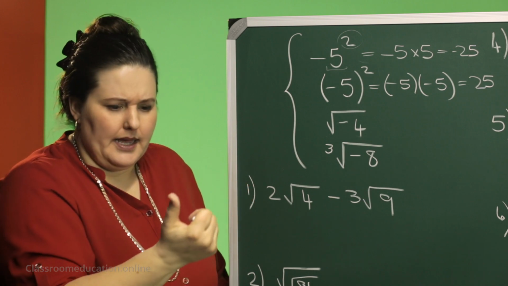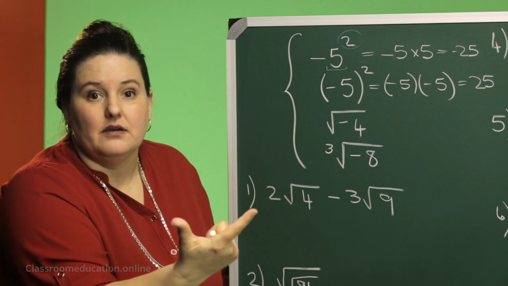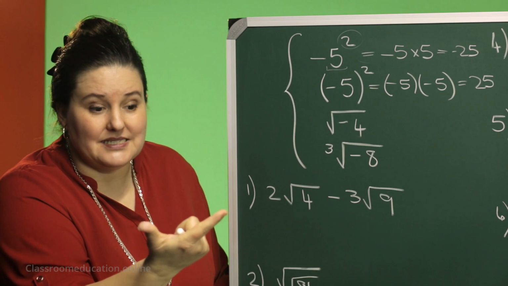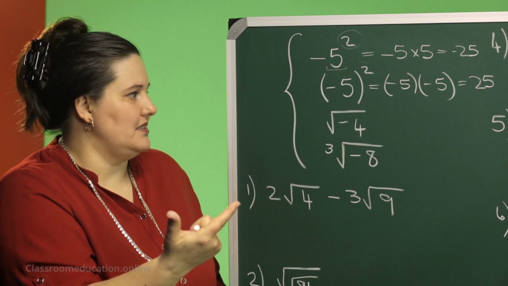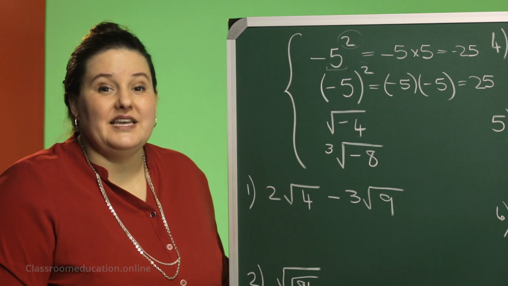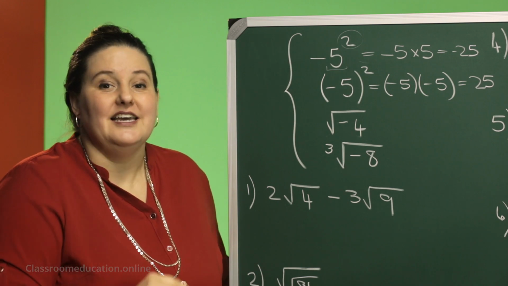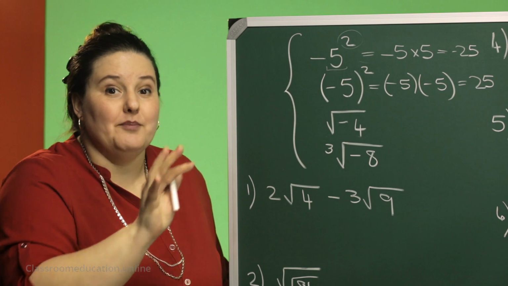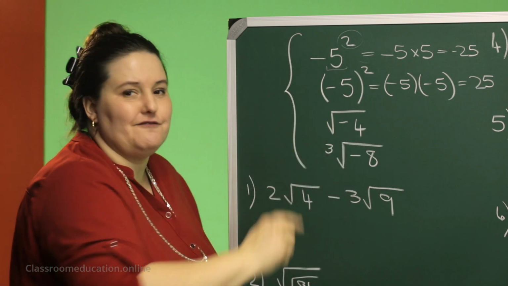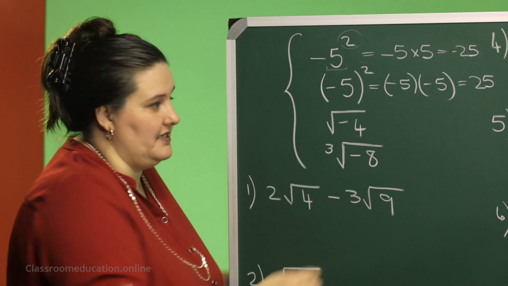Let's try. A negative times a negative, oh, it's a plus. And how about a plus times a plus? It's also a plus. So I cannot get an answer here, which means if you check it on the calculator it will show a math error, which means that the square root of -4 is undefined.